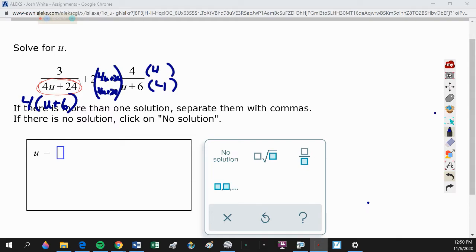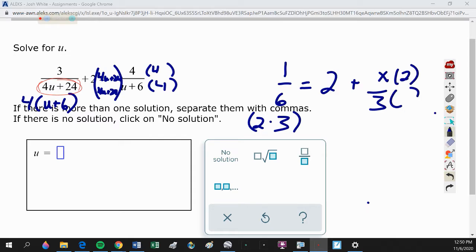Does everybody understand that? So if I had 1 over 2 equals x over... 1/6 equals 2 plus x over 3. This one is made up of 2 times 3, so that needs a 2, and this needs a 2 and a 3.